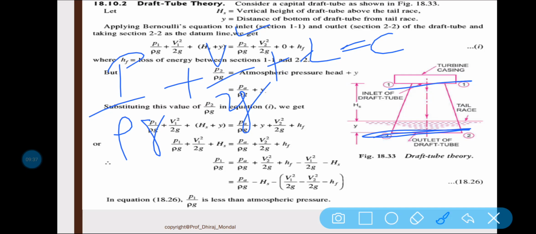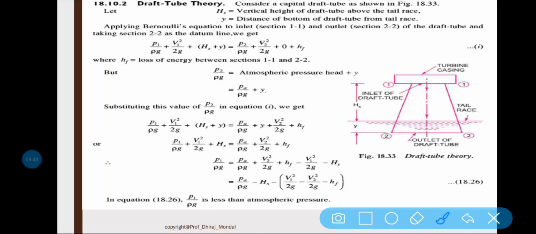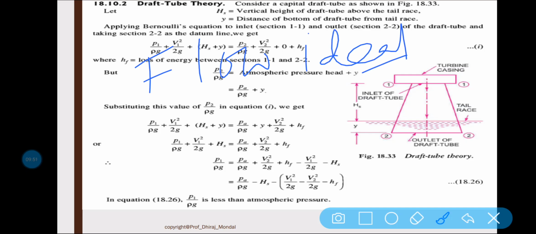And what are the assumptions of Bernoulli's equation? Can you remember? The flow should be ideal, that means viscosity is equal to 0. So the flow should be ideal in nature.